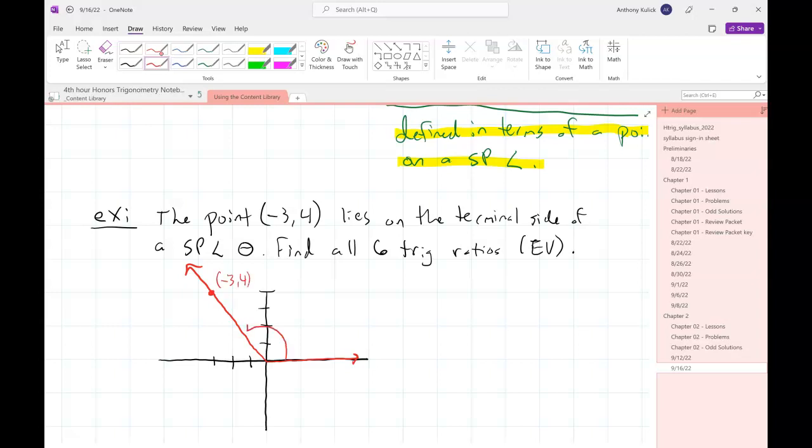I'm going to draw a picture to illustrate what's going on, just to reinforce vocab and conceptually what's going on. In practice, you would not need the picture to do this. Is everybody okay here? So if I build my reference triangle here, this is what I build. Everybody's okay with that?